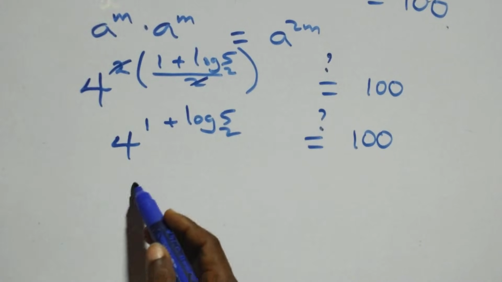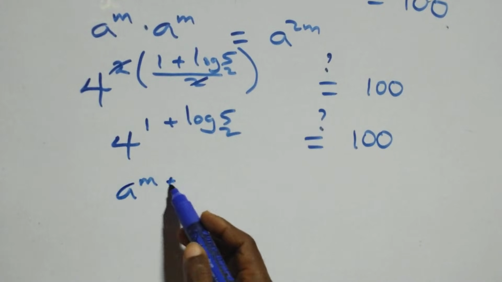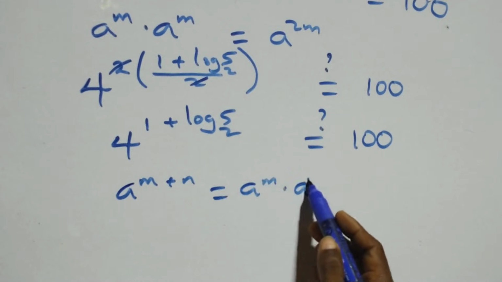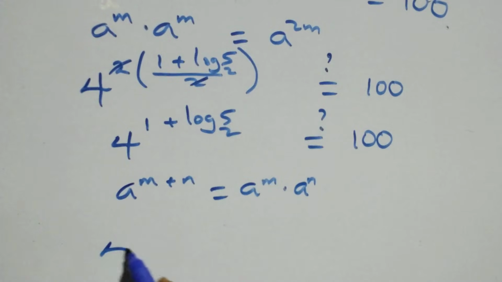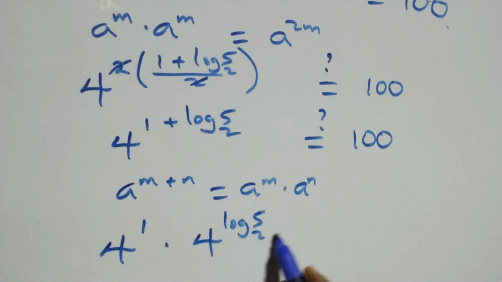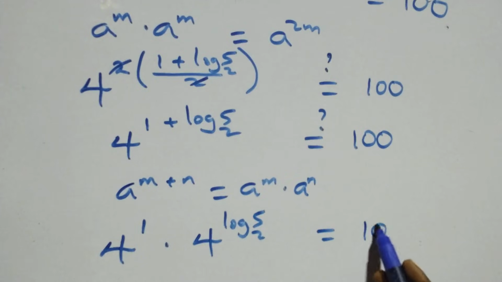Then you apply the law of indices: a raised to power m plus n is the same thing as a raised to power m times a raised to power n. Here we have 4 raised to power 1 times 4 raised to power log 5 base 2 equals 100 on this side.